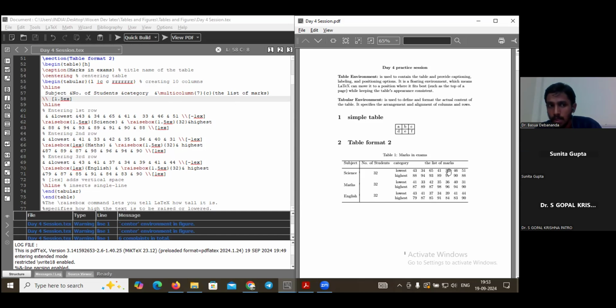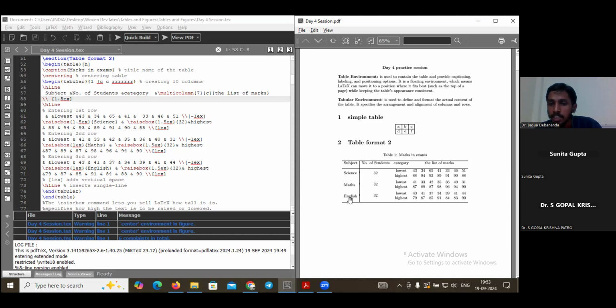Our first row is a heading row, and our second row is the science row.